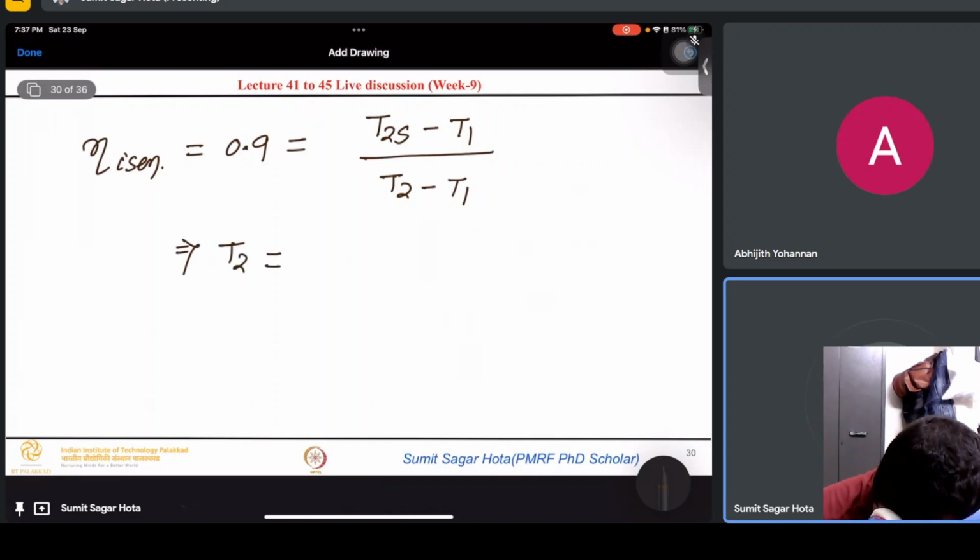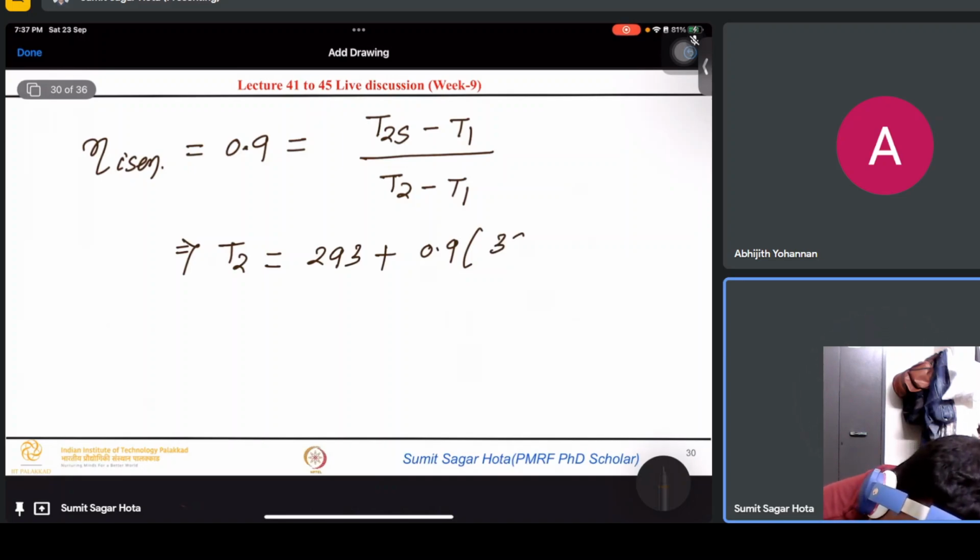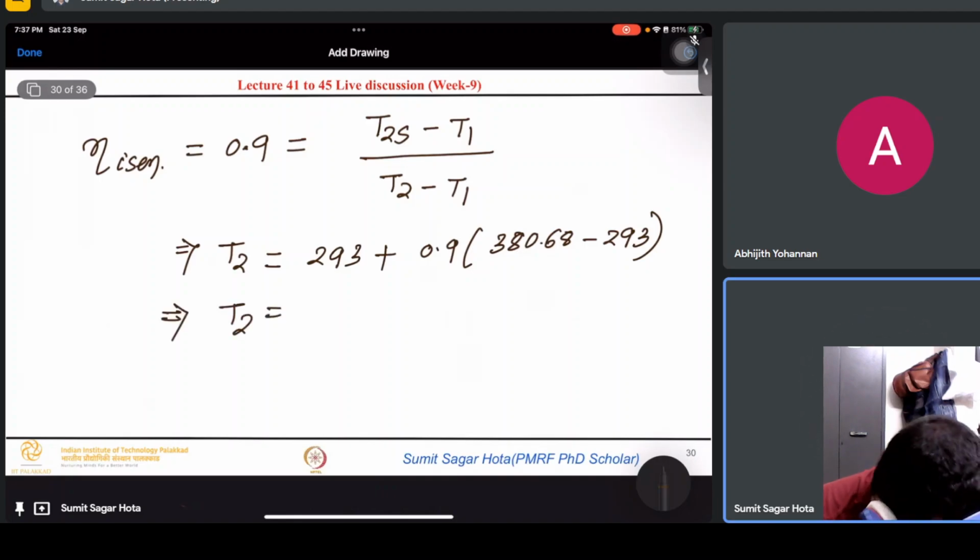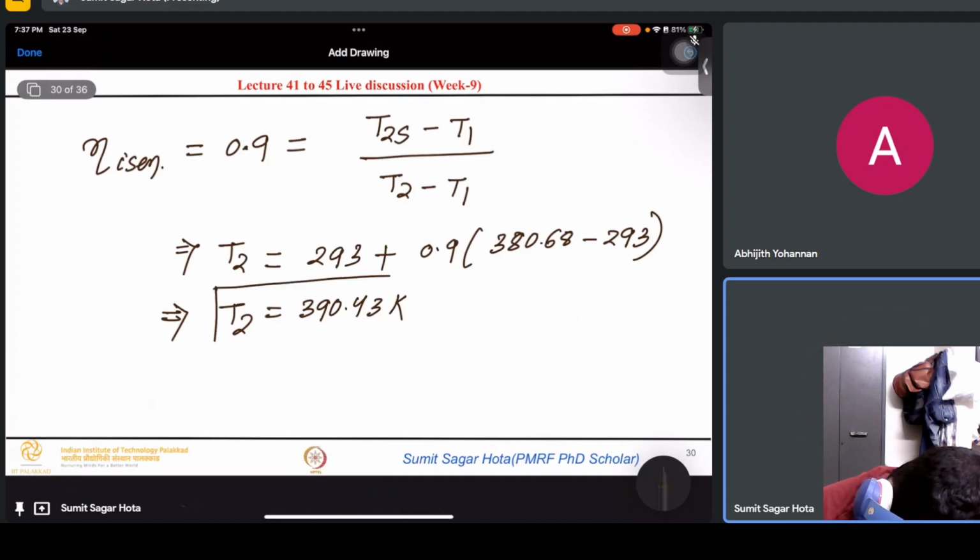So T2 equals 293 plus (T2s minus T1) divided by 0.9, T2s is 380.68 minus 293. So what is your T2? 390.43 Kelvin. So now you get your T2.